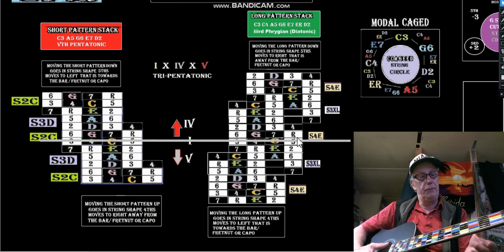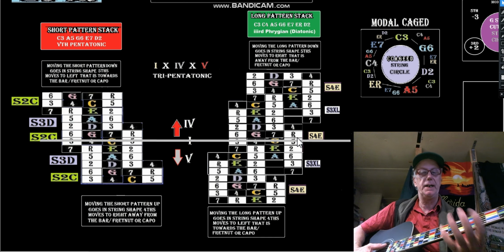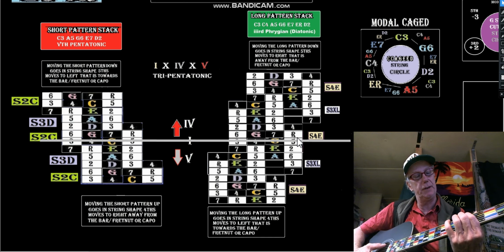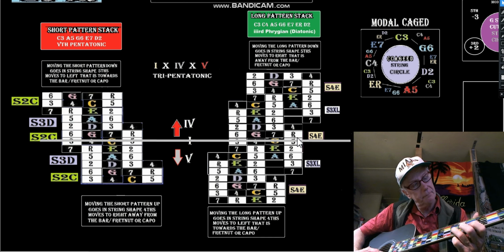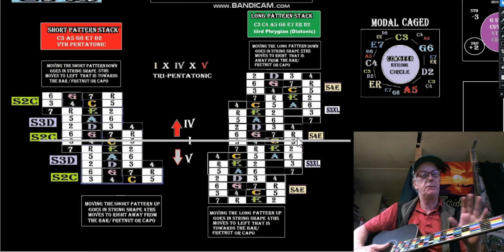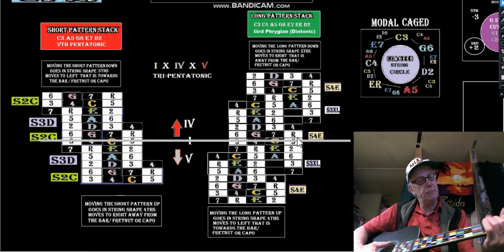Alright, if we have an early cutout, if we have enough fretboard down here, we can go. Where's that take us? It takes us back to C there, but most times it should take us to the modal cage below that, which would be the D cage.